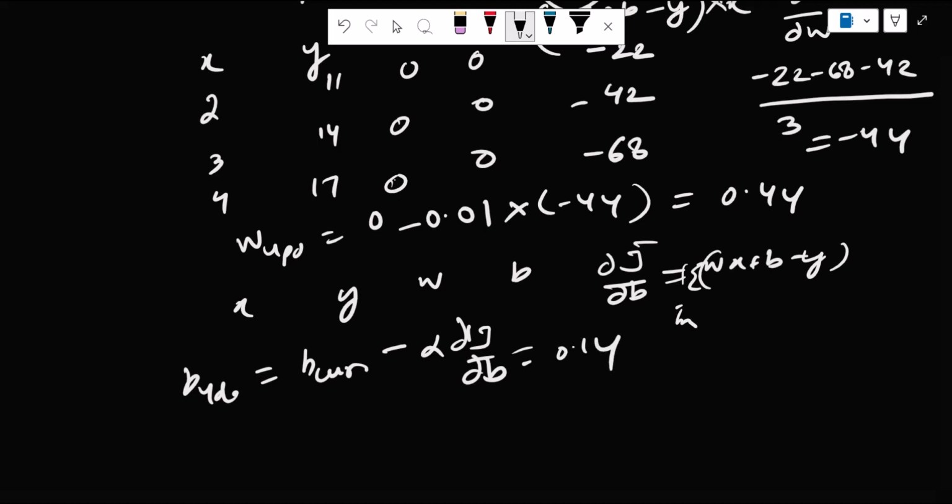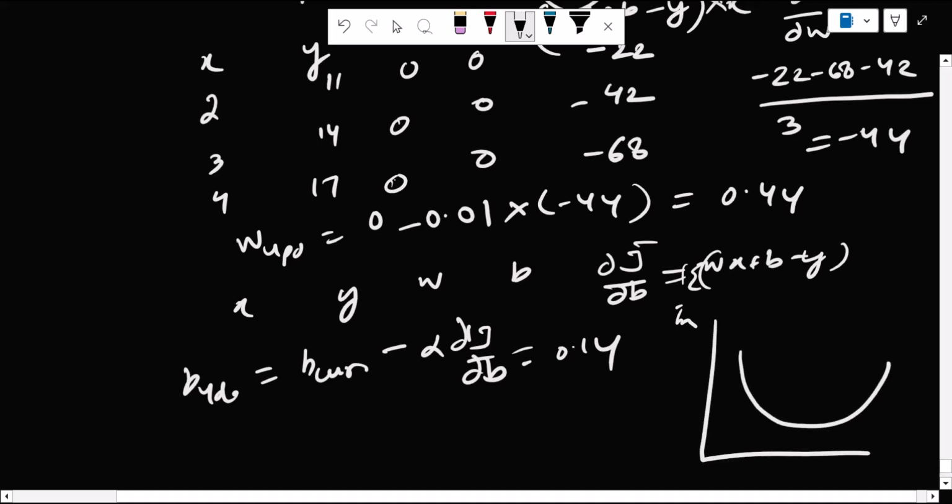Now this is the first iteration, and with the help of the first iteration we arrived at a new value of W, from W equal to 0 to W equal to 0.44.